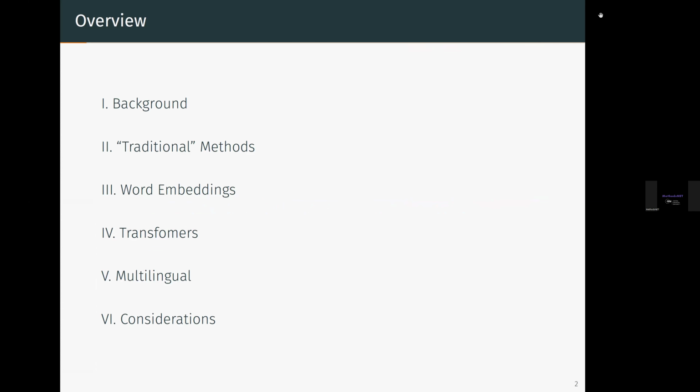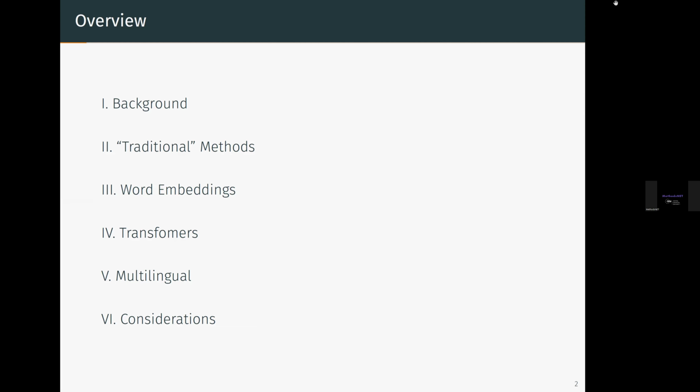And traditional in this way that if you follow a course on text analysis until say like 4 years ago, this is what they would teach you. And then I will talk a little bit about word embeddings, transformers, multilingual solutions, and I will talk a little bit about considerations. And these 3, 4, 5, and 6 are elements that are very new, they're advanced, and they're currently being developed. And that's where the main interest is.